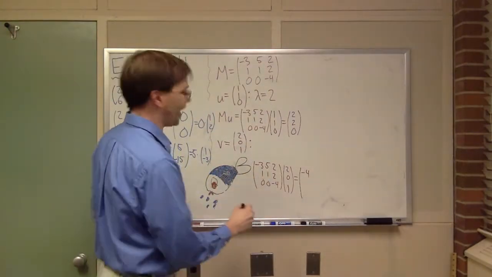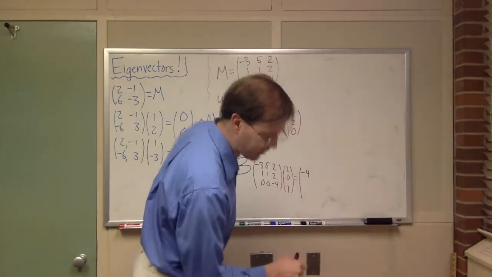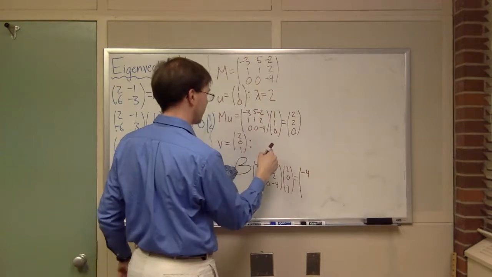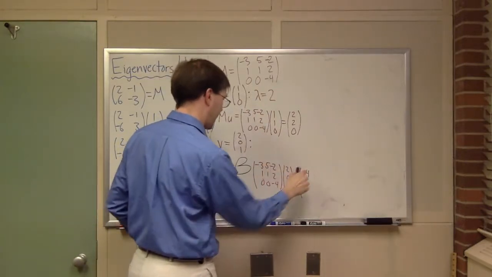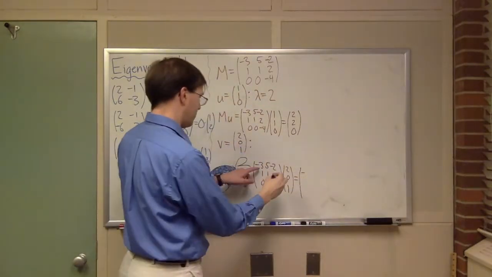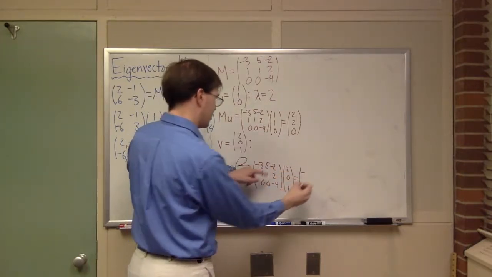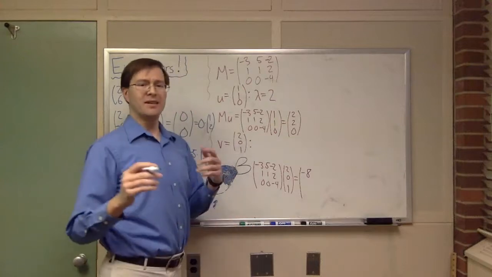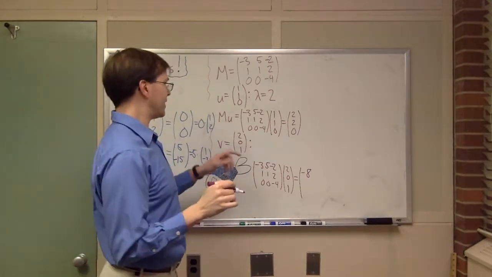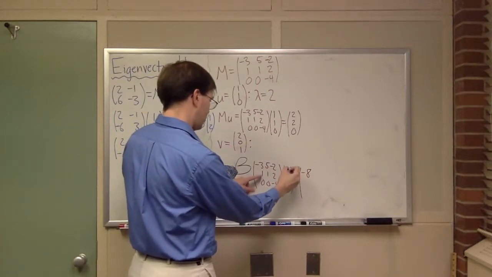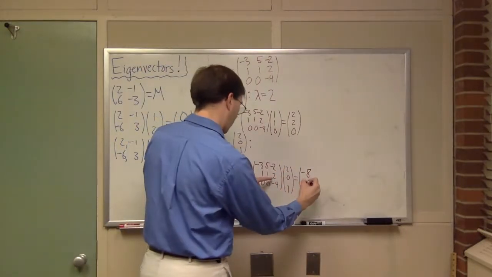Oh, darn it. I knew I'd make this mistake. Minus 3, 5, minus 2. That didn't change my earlier result because there was a 0 in the last place, which is why I didn't catch it. Okay, yeah, that's better. So that's minus 6 plus 0 minus 2 is minus 8. Sorry for the minus sign error, but it'll work here. Then 2 plus 0 plus 2 is 4.